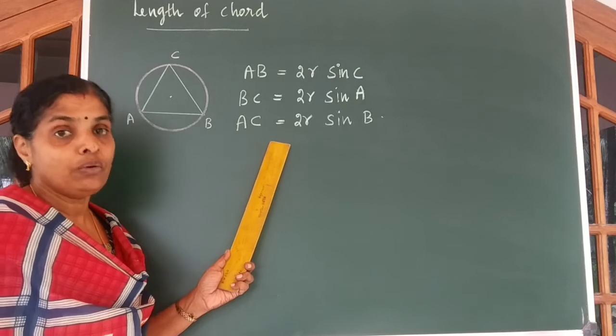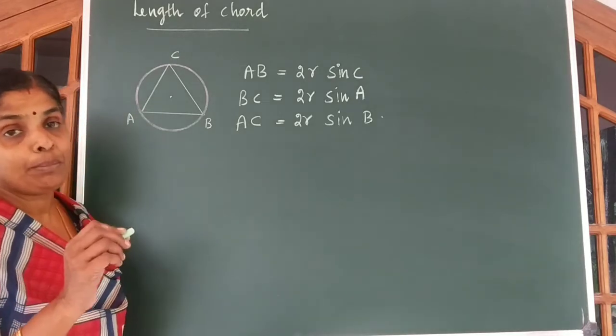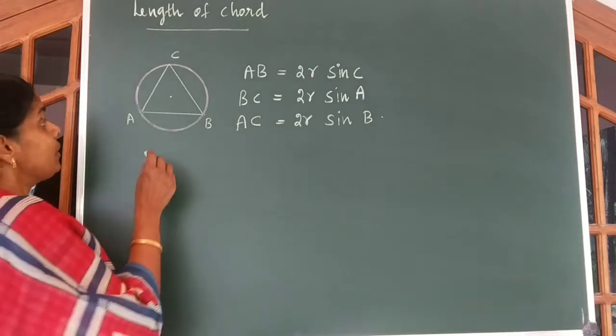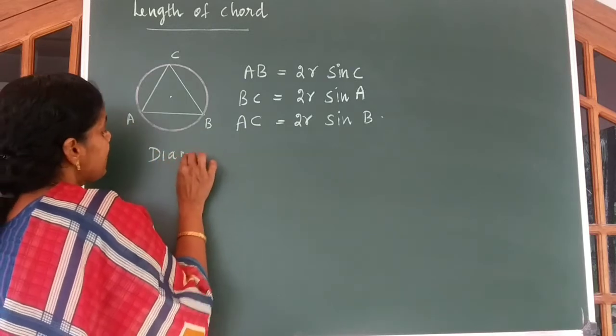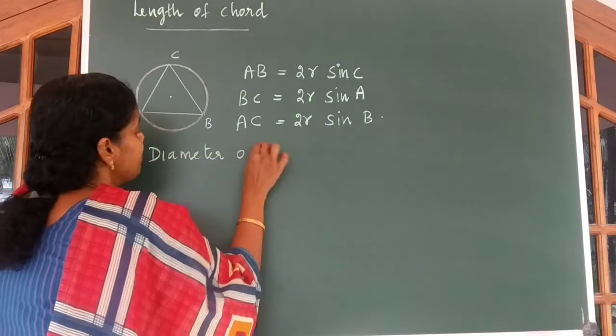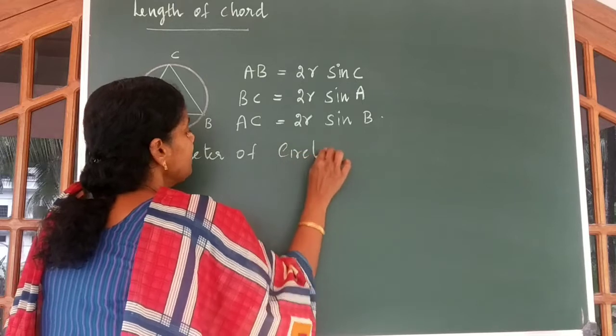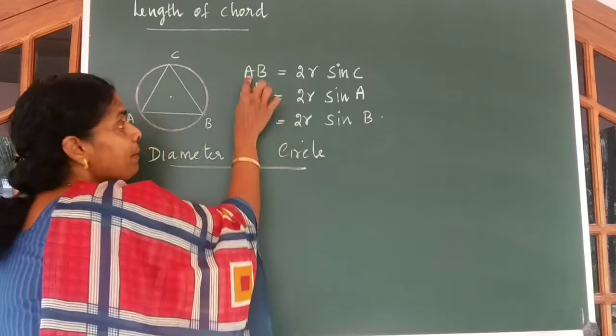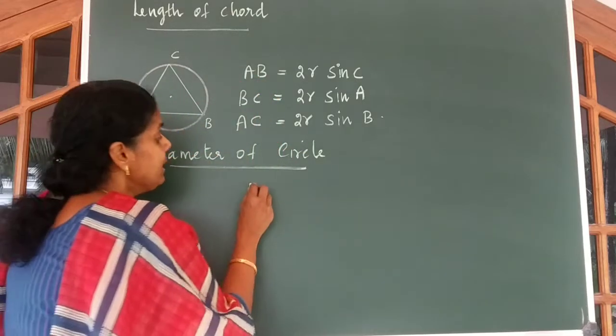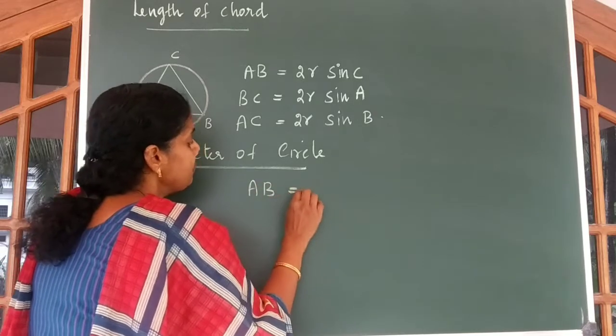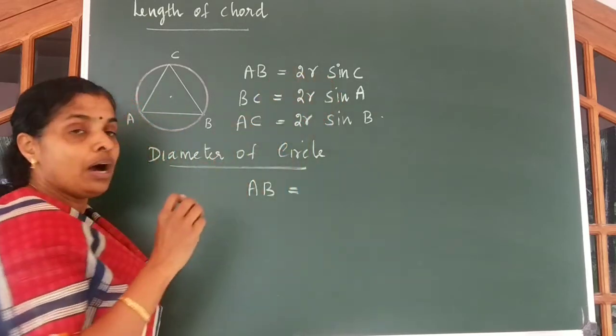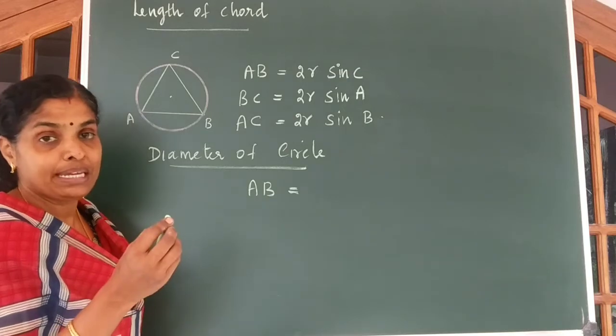Now let us discuss the formula to find the diameter of a circle. The diameter of a circle can be got by using the above formulas. We know AB is equal to 2r. 2r is nothing but the diameter, isn't it?